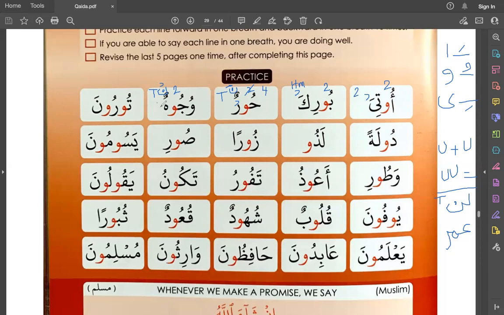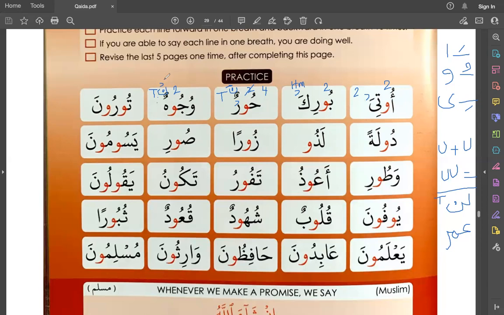You're not saying a very short sound, and you are not making it an extra flow of sound, but you are giving a medium flow of sound, that is un, wujuhun. Okay, how will you start then?